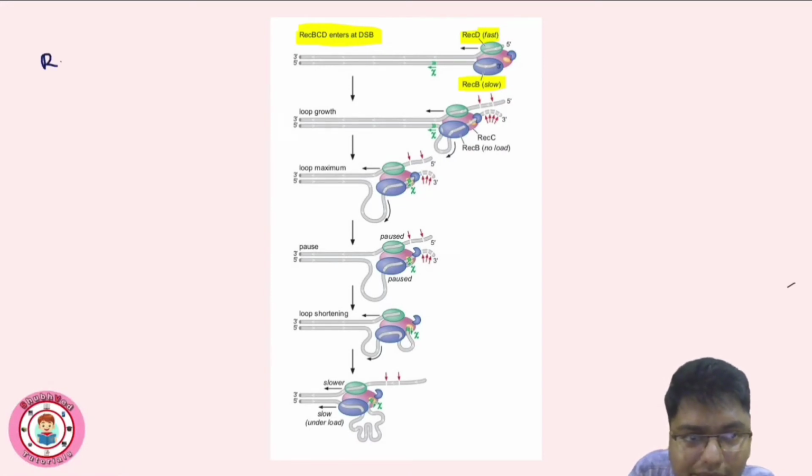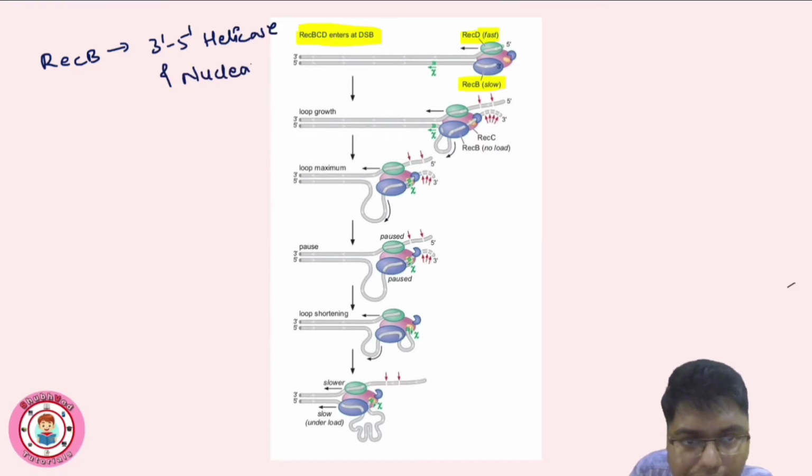RecB is a 3' to 5' helicase, as well as a nuclease. Then RecD is a 5' to 3' helicase.